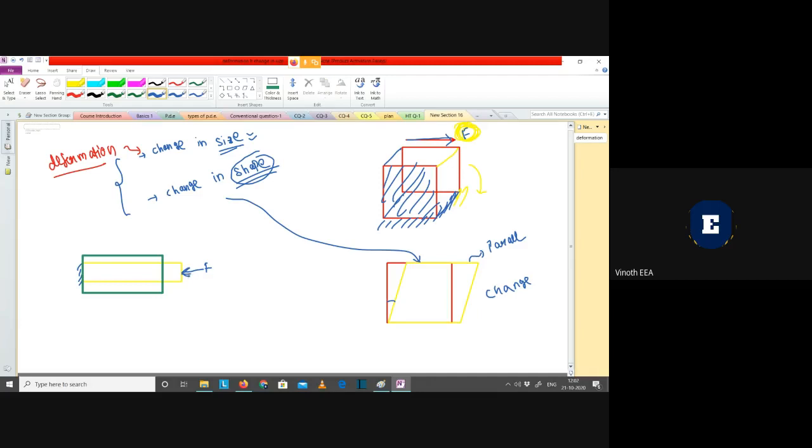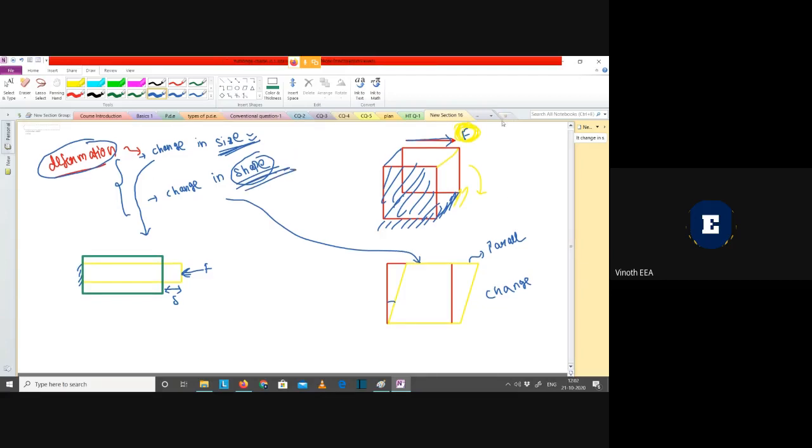I'm applying a force F. Its diameter is increasing and its length is decreasing, and this small change is nothing but a deflection or a deformation, and in this case it is change in size. So either it is a change in size or change in shape, both are deformation only.